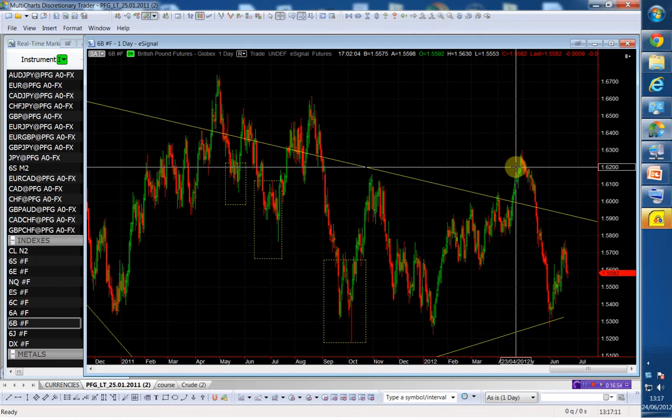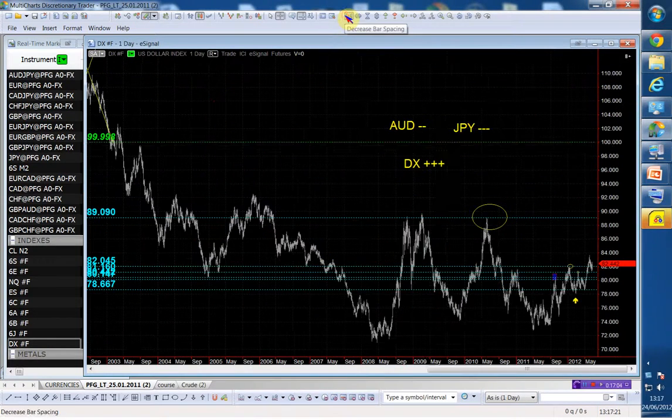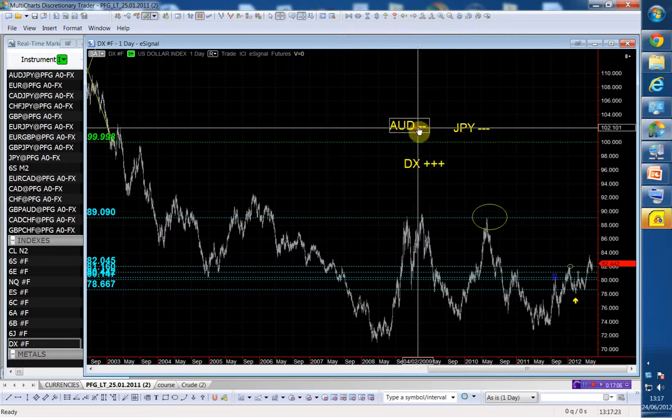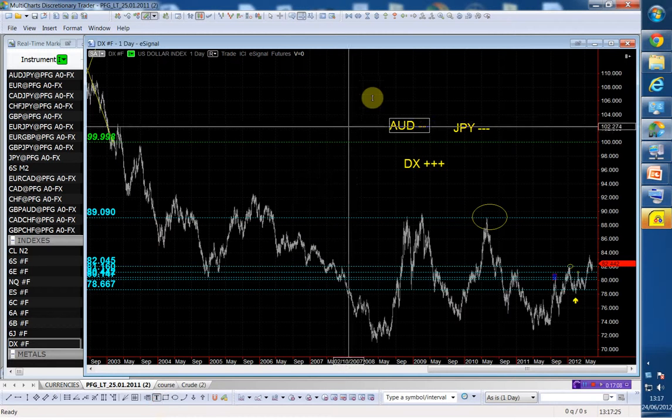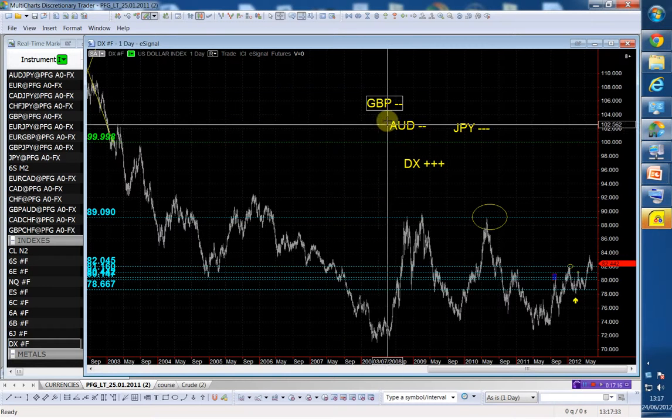That is an indication that there is more selling coming in and the bias is to the downside. So the pound is also negative, and I'm going to give it the same level of weakness as the Australian dollar. I'm going to give it a couple of dashes, so it's also weak.